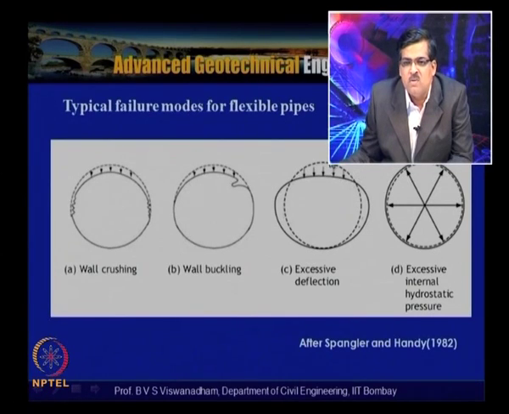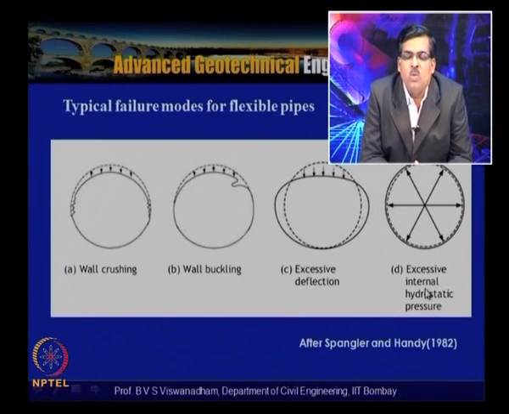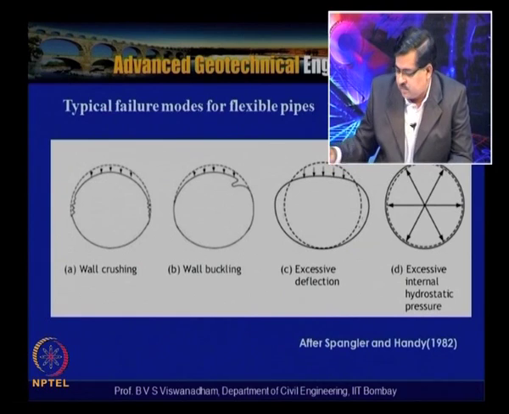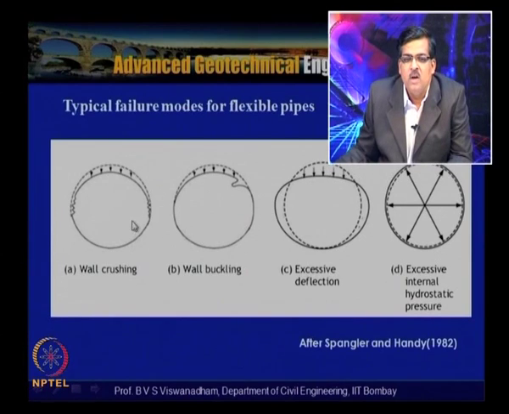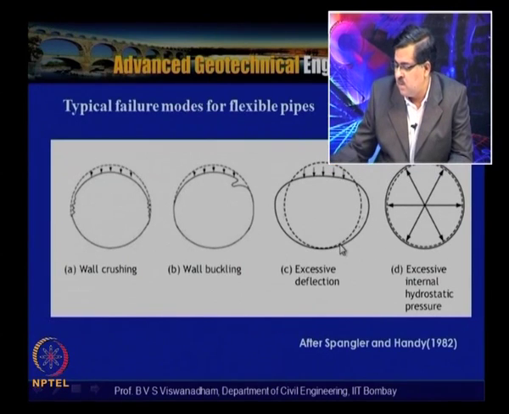That results in too much decrease in the vertical diameter and increase in the lateral diameter. And then excessive internal hydrostatic pressures: for example, if we are using cold water pipelines with pressures of the order of 5 bar to 6 bar, and there is excessive internal hydrostatic pressure, the failure mode can lead to bursting of the pipelines. So the four typical failure modes of flexible pipes are shown here: wall crushing, wall buckling, excessive deflection, and excessive internal hydrostatic pressure.